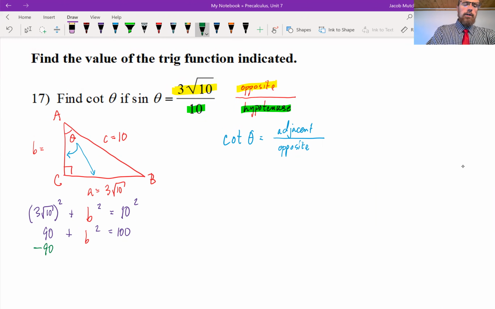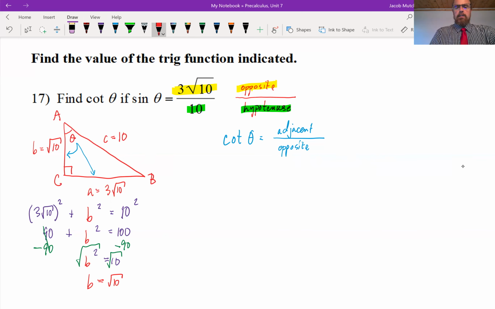It'll cancel on the left, and we'll subtract it from 100 to get B squared equals 10. And I'm going to take the square root because I'm really interested in just B, not really in B squared. And that's going to give me a value of B equals the square root of 10. So I'm going to go ahead and label that side length.